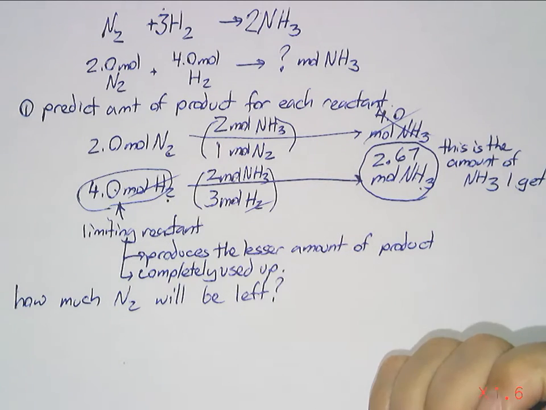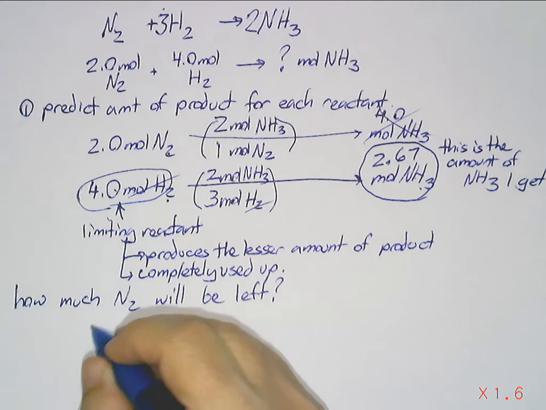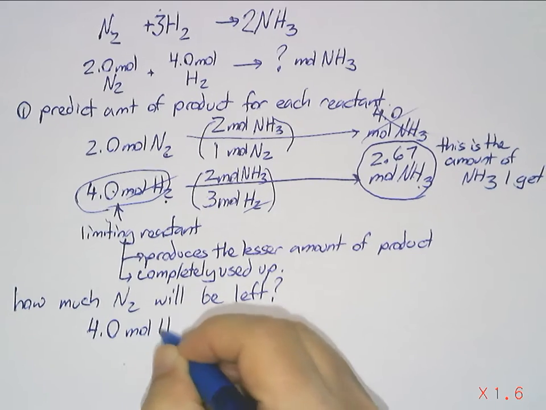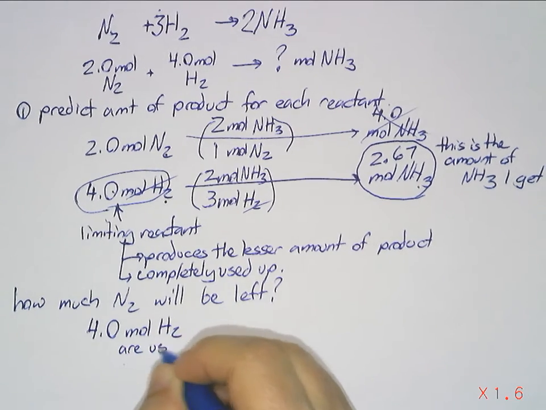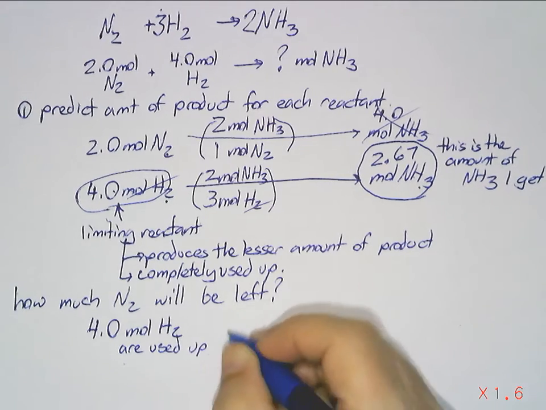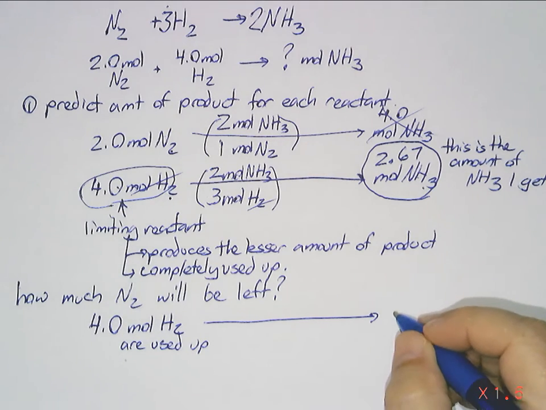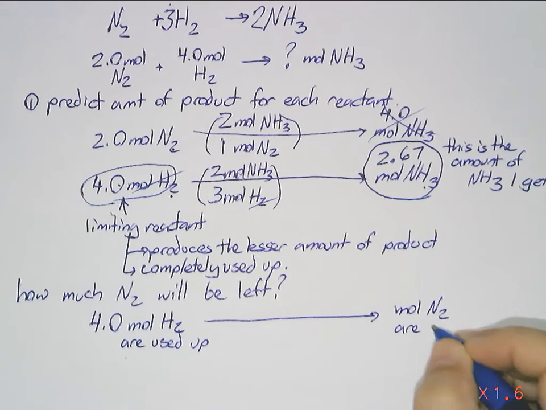Well, we know 4.0 moles of H2 are going to be used up. Let's figure out how much N2 is used up from that. So you start with the amount of limiting reactant that you have here, and you can figure out how many moles of N2 are used up.